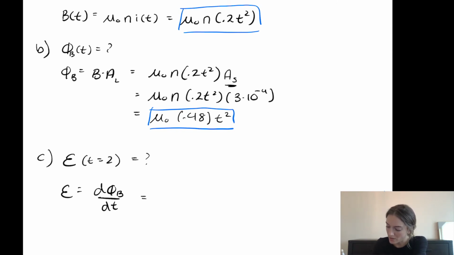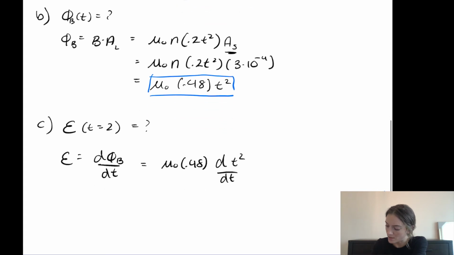So let's just take the derivative. We get mu naught times 0.48, and then the derivative just falls on that t squared part. So this is 2t. So our EMF as a function of time is just 2t.